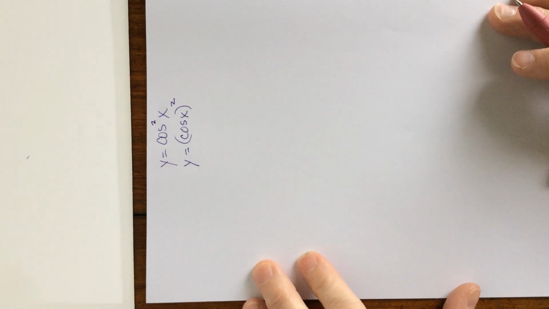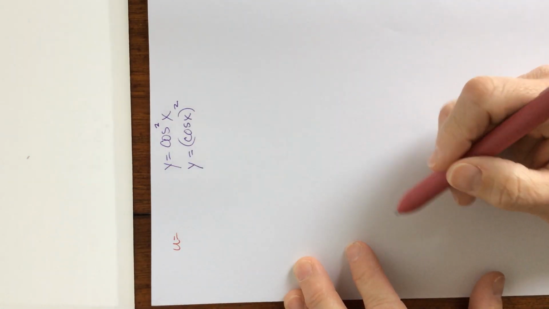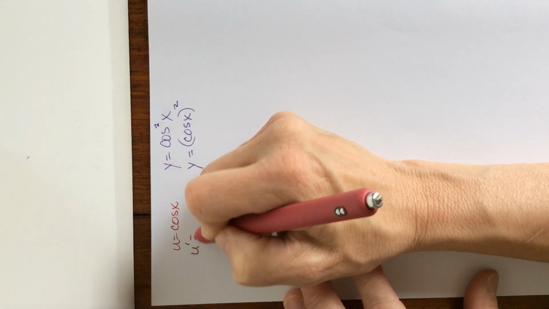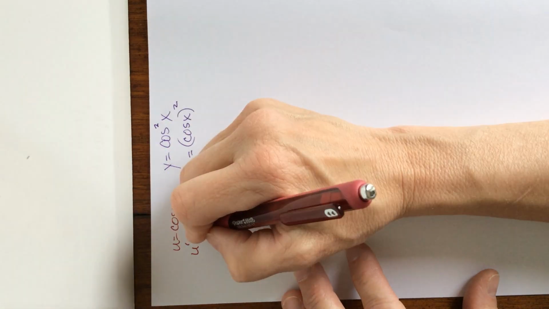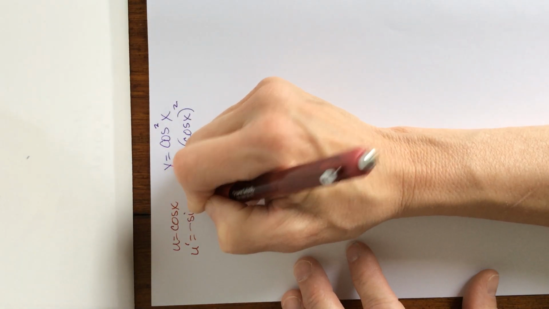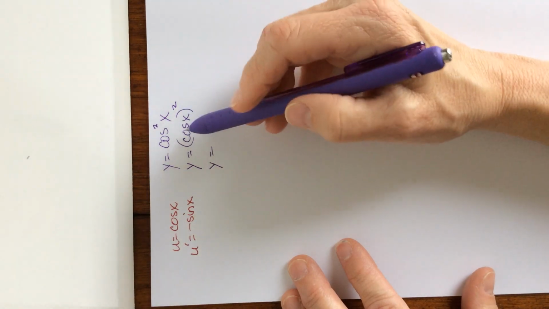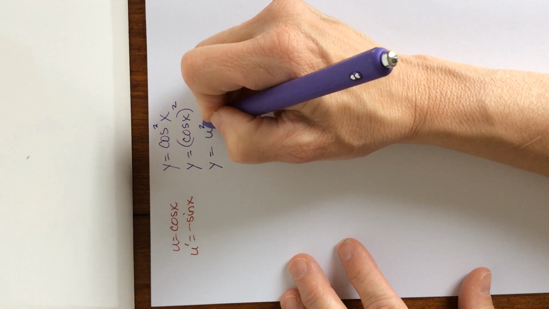So if you want to use a u substitution, then this time I'm going to let u equal cosine of x. I know I will need u prime, and the derivative of cosine is negative sine of x. And now I can rewrite this expression, cosine of x to the second power, as u squared.